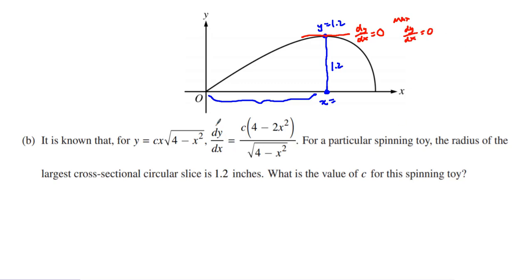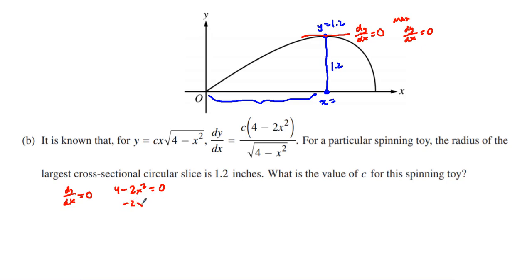Okay, and so what I can say is, when does the dy over dx equal 0? Well, that means I have to set this value right here, this 4 minus 2x squared, equal to 0. And I got to do a little bit of algebra. I take over the 4 right here.